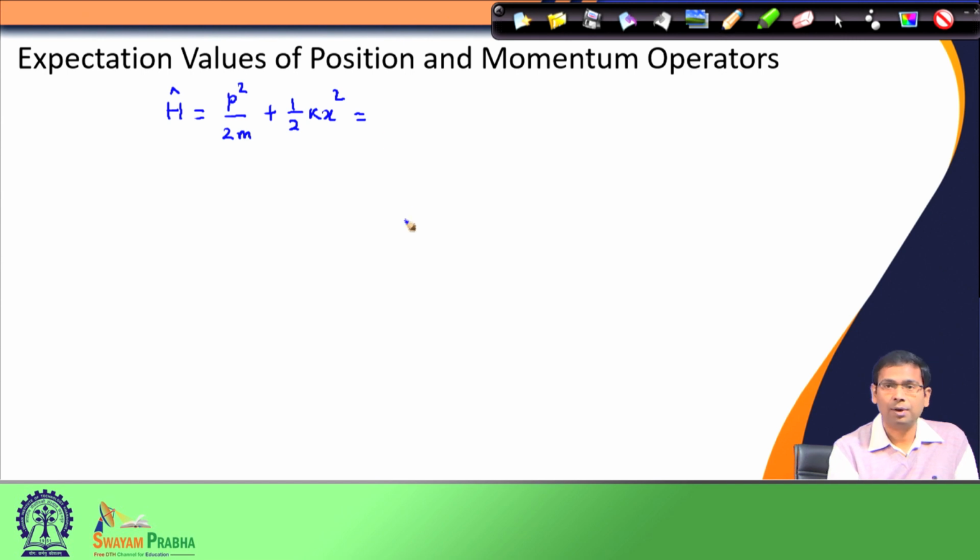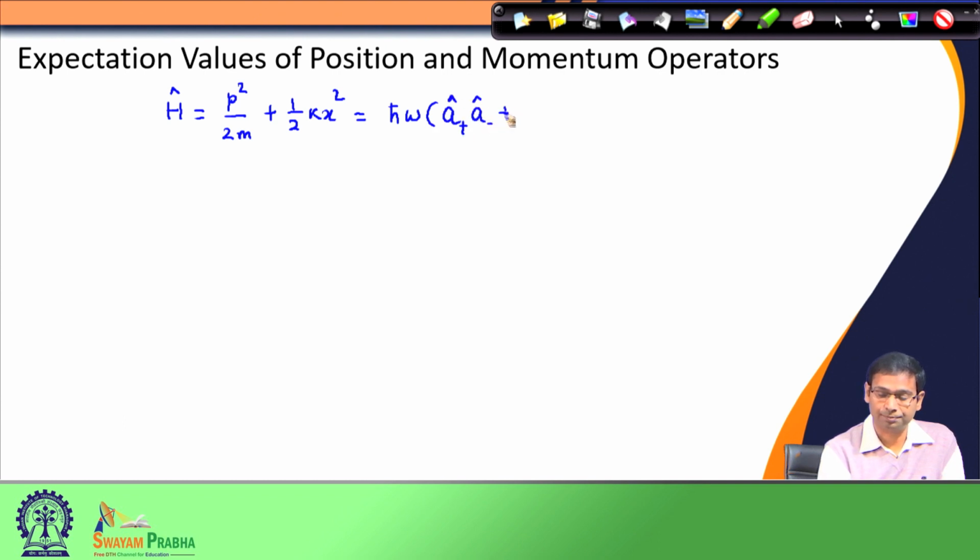If you remember, while discussing the solution of this Hamiltonian, instead of solving this problem in terms of position and momentum operator, we expressed this Hamiltonian in terms of a creation and annihilation operator, where A plus and A minus operators were two new operators defined in terms of P, the momentum operator, and X, the position operator.